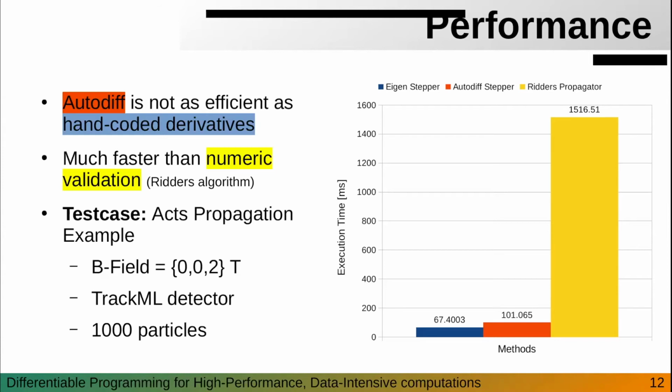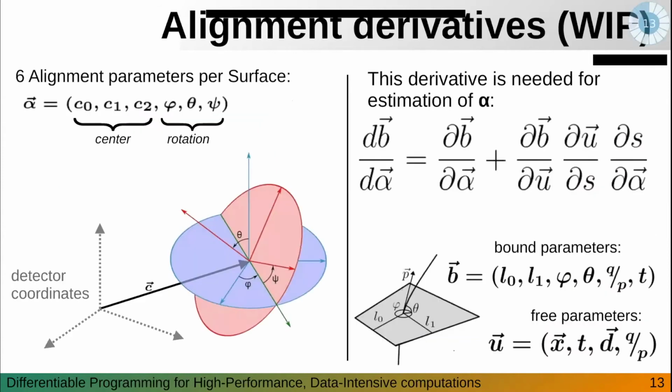Then as a second use case, we have the alignment derivatives, which is still a work-in-progress project. Just for the overview, the alignment parameters determine the position and the orientation of, for example, a surface in the coordinate space.